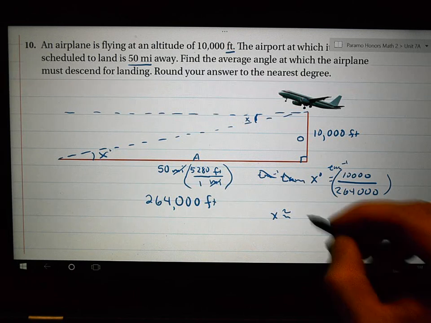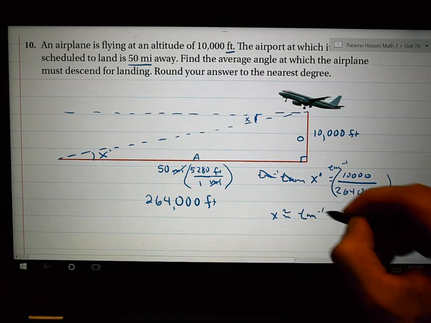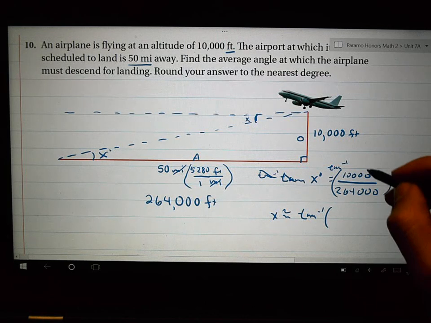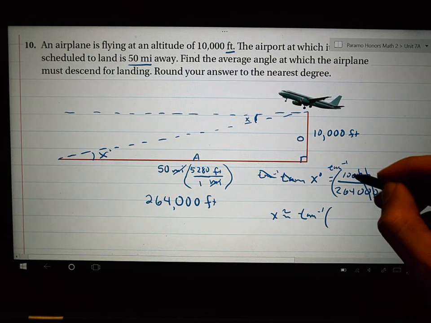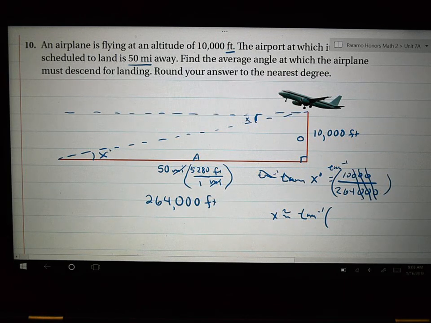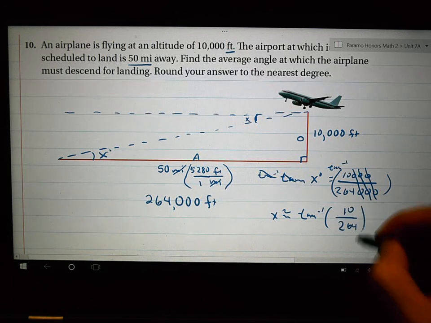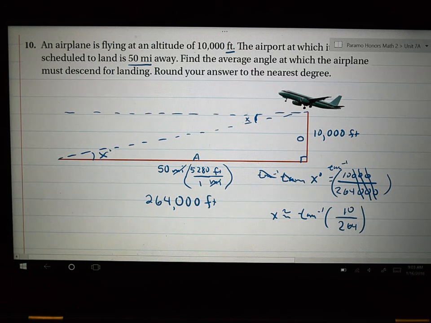So what I'm going to type into my calculator, and feel free, just to make it easier on myself, I'm going to type in the inverse tan of 10 divided by 264.